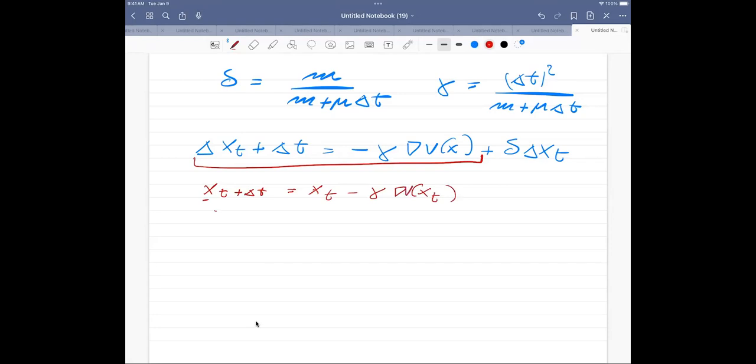And then I would have this additional term plus delta times delta x of t. If you take a closer look at this one, this is delta times x of t minus x of t minus delta t, the previous value.